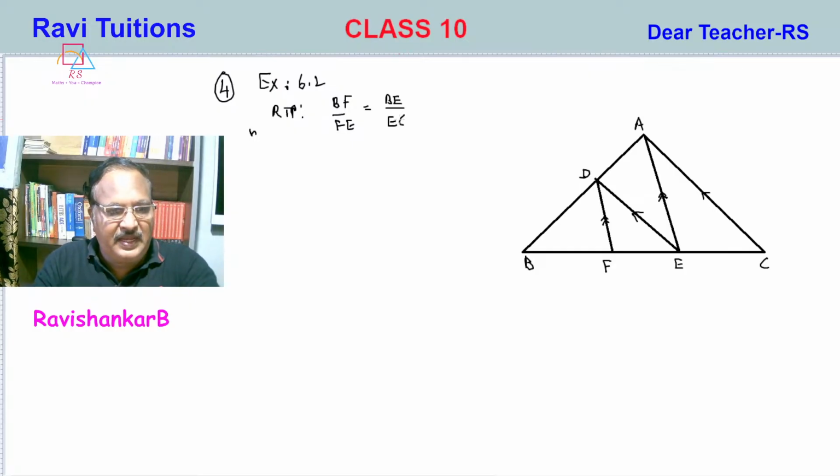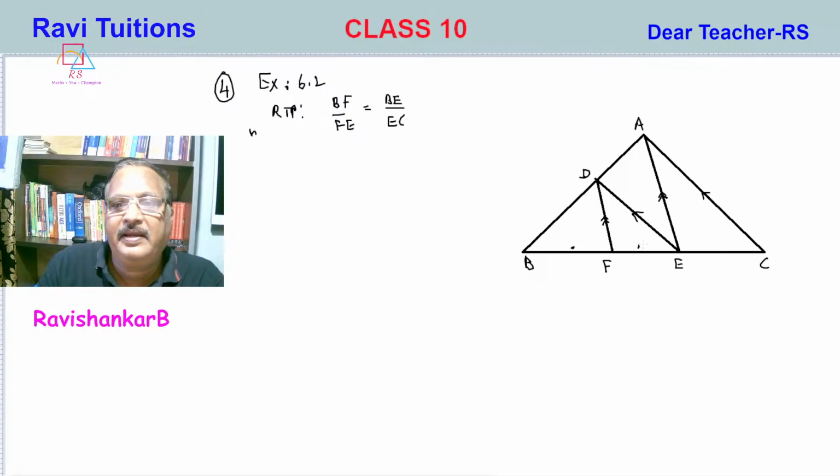This is what we have to prove. So let us see, where is BF? Yeah, this is BF. And FE, this is FE. And where is BE? This is BE. And EC. So all these parts are on the base only.